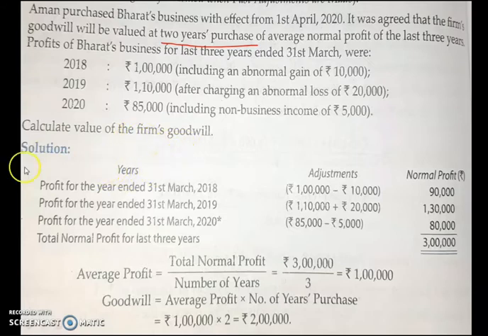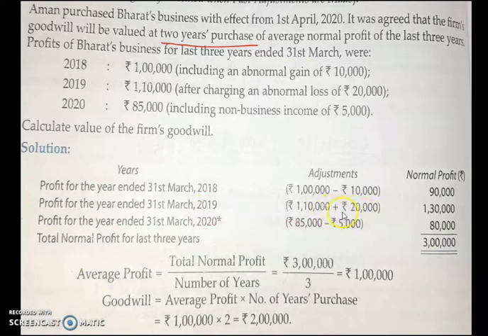Now let us move to the solution part. The first step is finding out the normal business profit. As we were mentioning, the profit of the 3 years is given to you. From that we have subtracted the abnormal gain, so you got the normal profit as 90,000. From this 1,10,000 of 2019, there was an abnormal loss of 20,000.